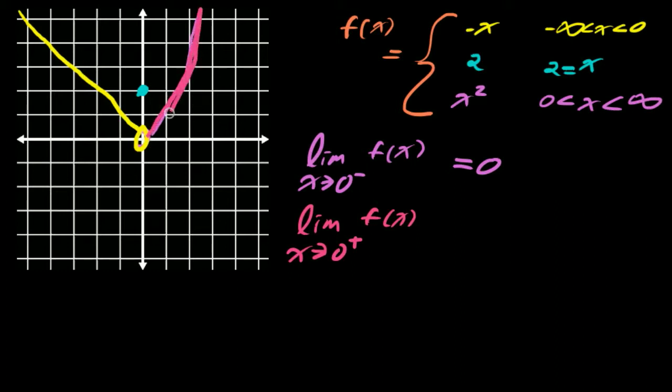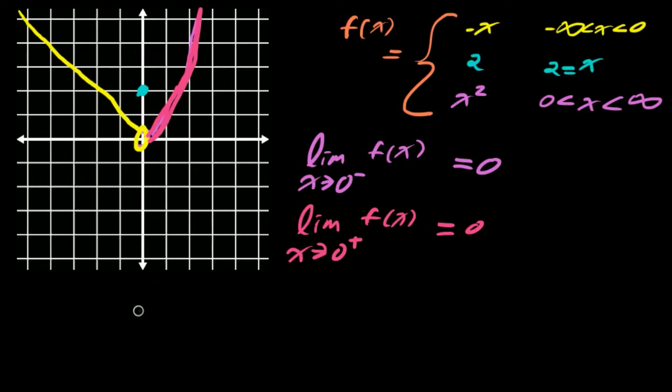I don't know if I'm going to be able to do much better, but anyway, you're going to choose values that are closer and closer to 0 only on this positive side, only values that are just a little bit greater than 0 over here. And hopefully you can see again that this is going to be equal to 0.